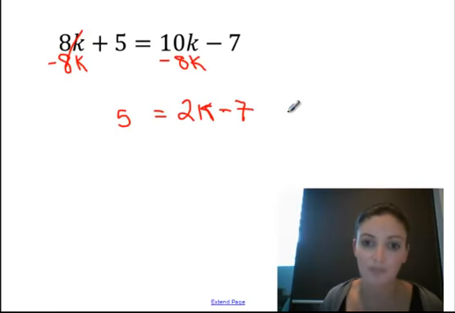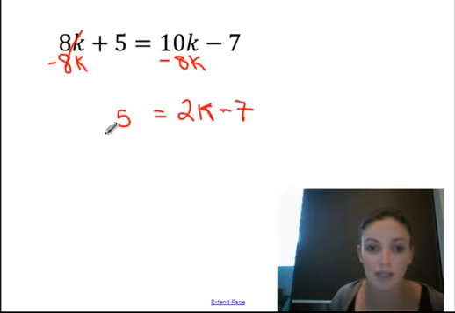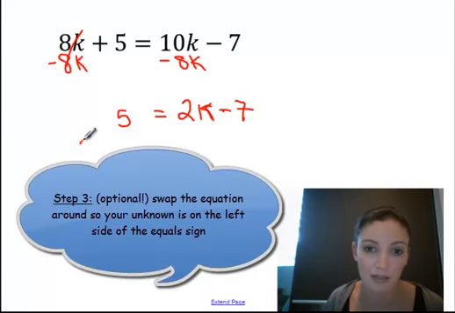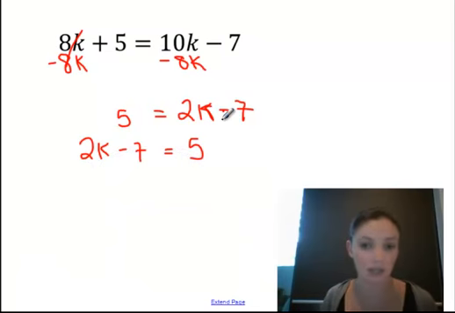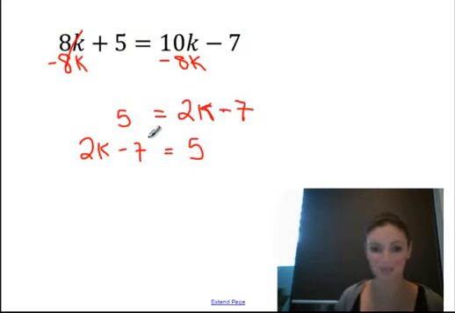Okay, now if it helps you here, sometimes people prefer to have the variable on the left-hand side, so you can swap the equation around just like this. All I've done is flip over each side of the equation.